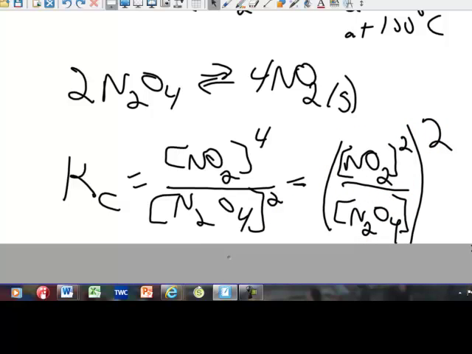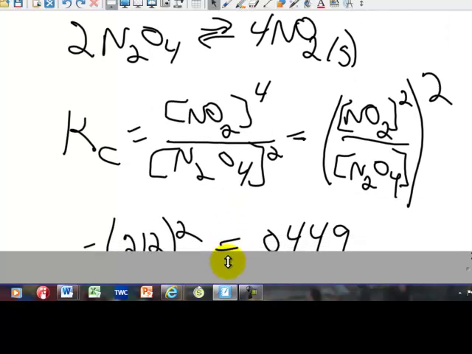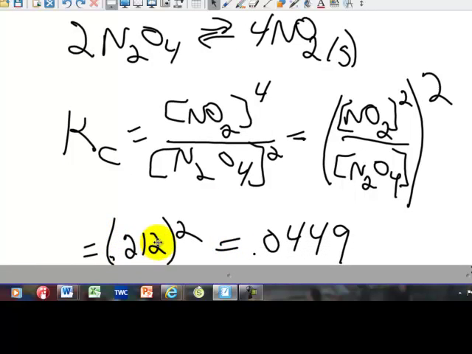The value is 0.212 squared, or 0.0449. Once again, that's always true. If I multiply the reaction by a coefficient, then the new K is the old K raised to that coefficient's power.